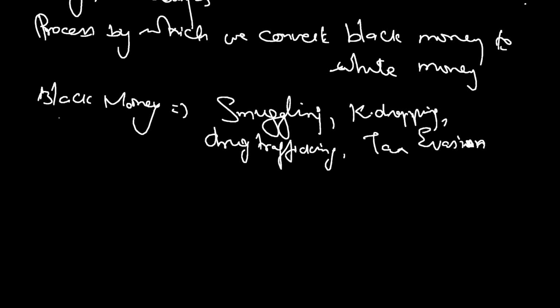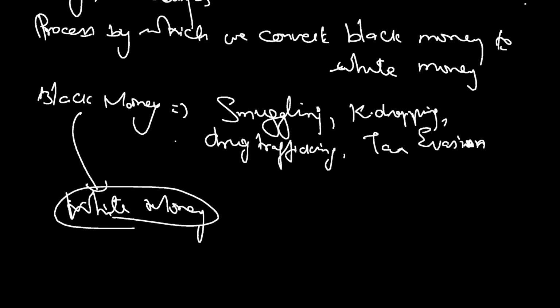Reason being, if you don't convert and someday some investigation happens and this money is caught, then you will be punished. So as a safety measure, you want to convert black money into white money so that you are not caught at any point of time. So how do you convert?